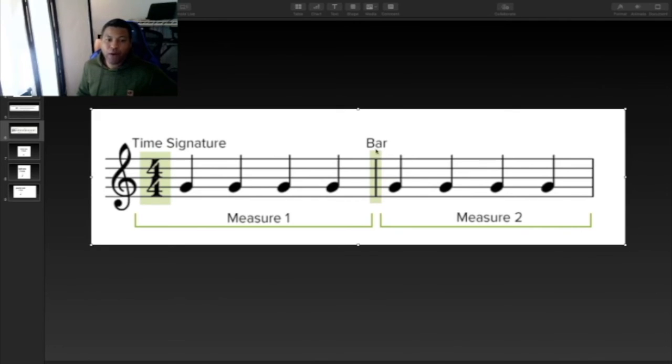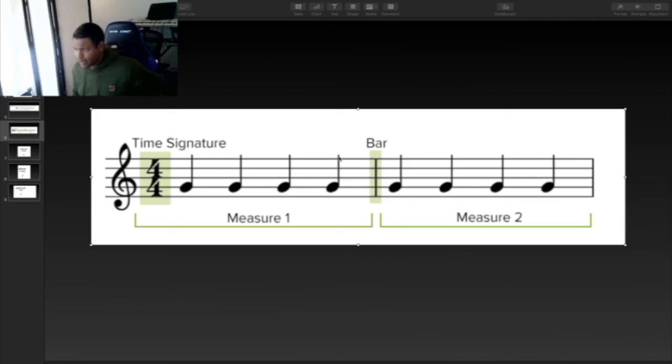Now notice how we have the staff lines and this bar in between. Once that bar is in between like that, that has created 2 measures. So a measure is the space in between the bar lines. We have this measure 1 and measure 2.